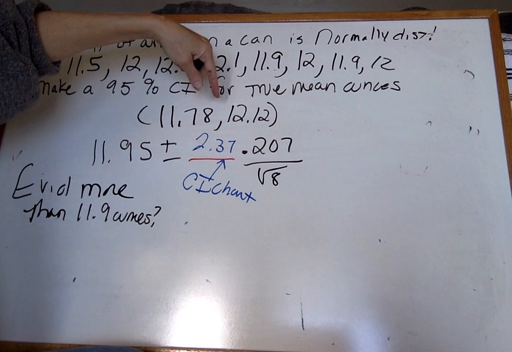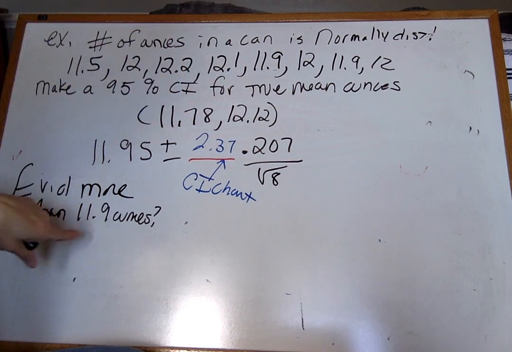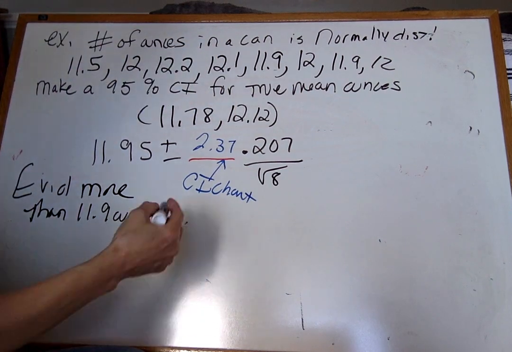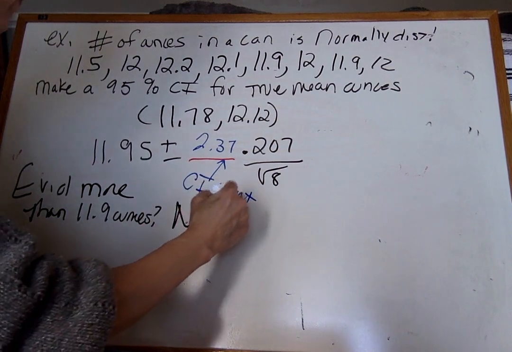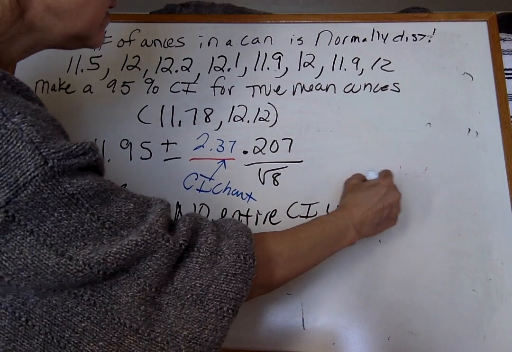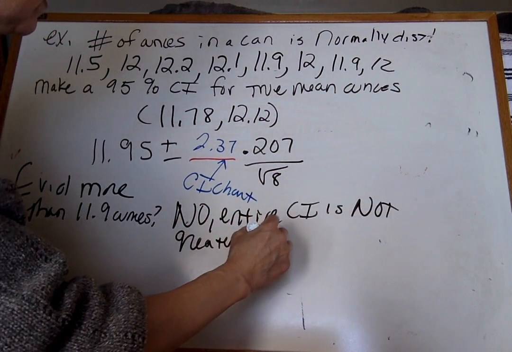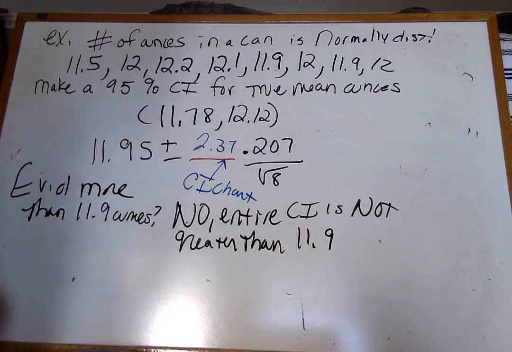You cannot say, oh, most of it is. The entire confidence interval has to be greater than 11.9. So the answer is no. The entire CI is not greater than 11.9. You could say no because the confidence interval goes down to 11.78. That would be fine.